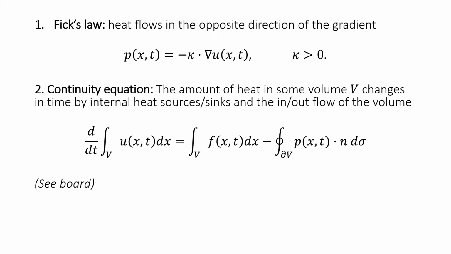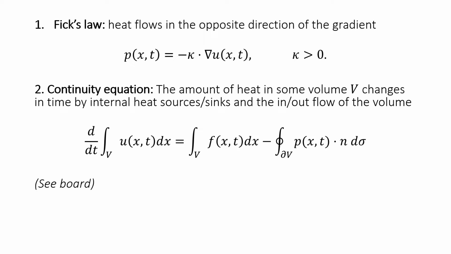Let's suppose that P, a vector field, describes the flow of heat in space and time. So P(x,t) tells us the direction of the heat flow at position x at time t. Now that flow, according to Fick's law, equals negative kappa times the gradient of the heat distribution u at (x,t).